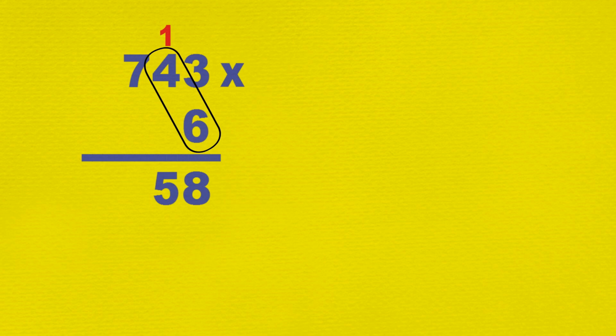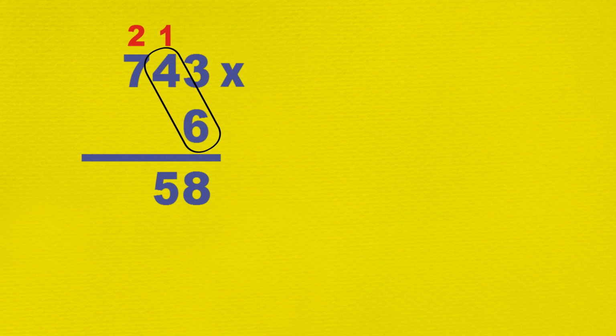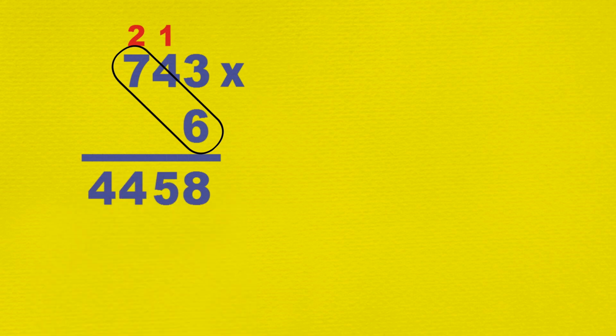The 5 goes to the bottom of the tens position, and the 2 gets added to the hundreds. Finally, multiplying the hundreds, 6 times 7 equals 42, plus the extra 2 equals 44, which is written at the bottom, a 4 in the hundreds position, and a 4 in the thousands position. So, as you can see, the solution is 4,458.